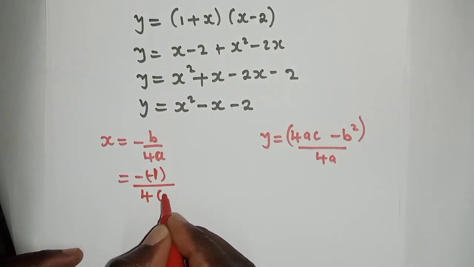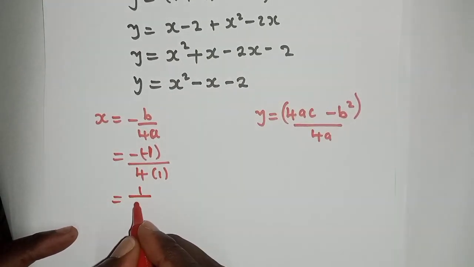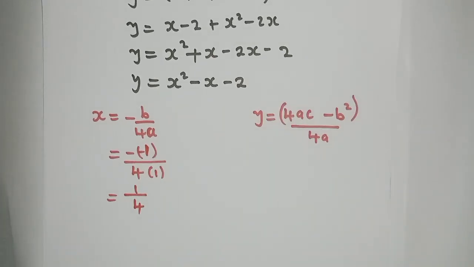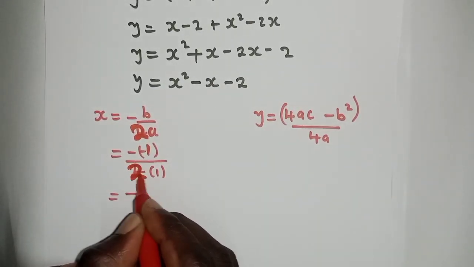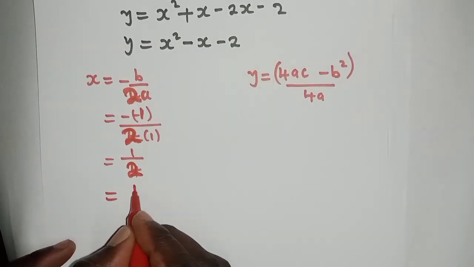It will be something like this. Sorry, actually here it's supposed to be 2. I've made a mistake. We're supposed to have a 2 and a 2 here. So it's supposed to be half, 1/2.